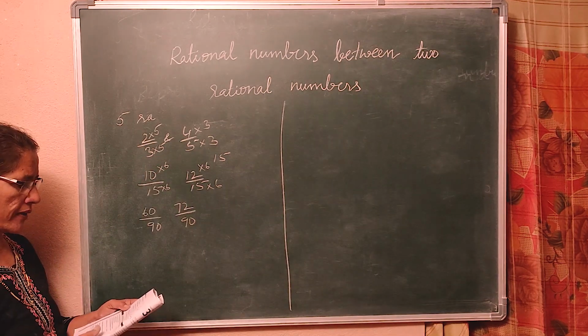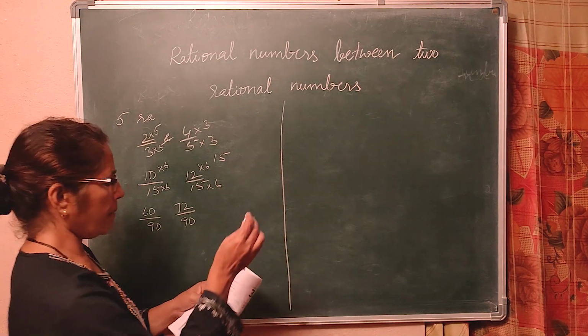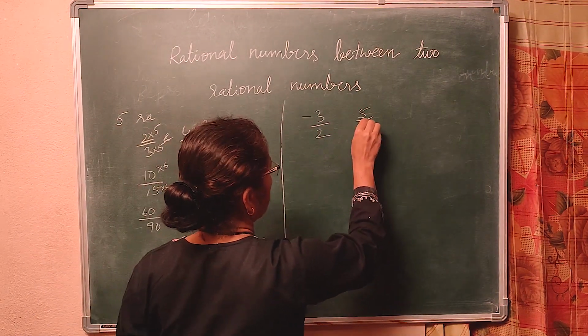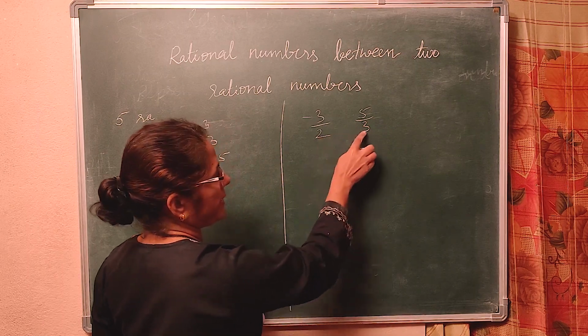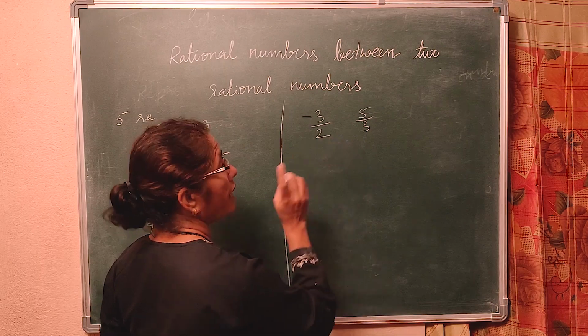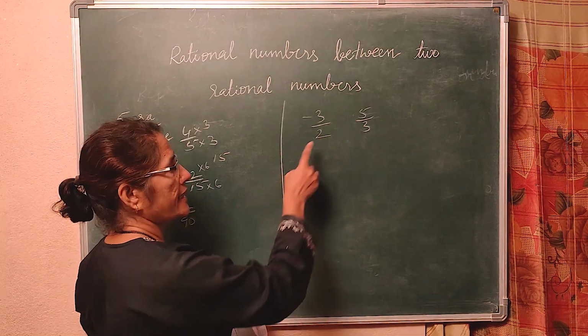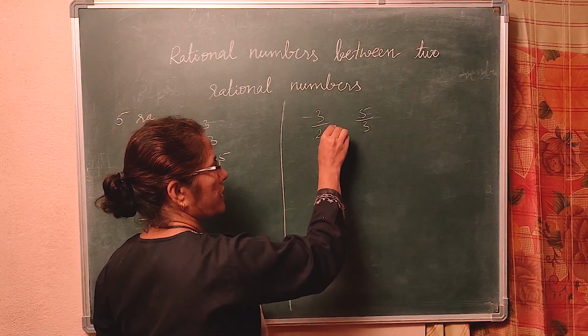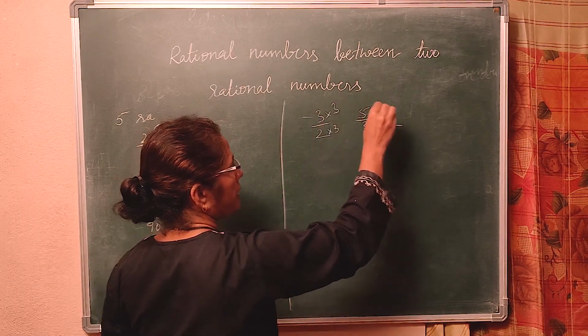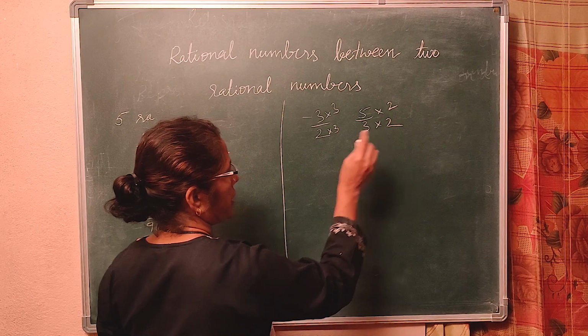Now my last question. Find the rational numbers between minus 3 by 2 and 5 by 3. Again you see the denominators are not the same. No, 2 3s are 6. So the aim is to make 6 the denominator. So multiply by 3 here, by 2 here. Same multiply here, same multiply here.